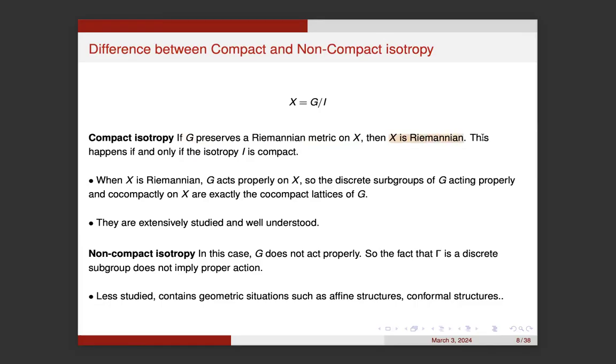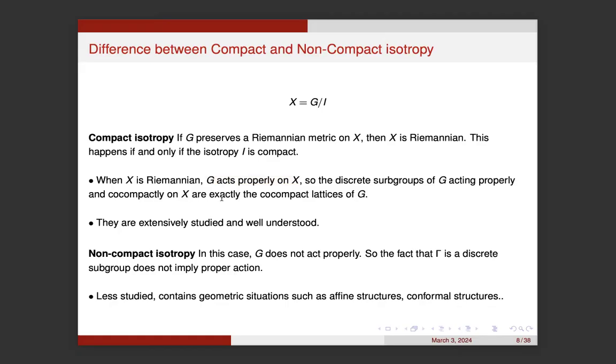In this case, the action of J on X is proper. So the whole group J acts properly on X, and any discrete subgroup of J also acts properly on X. So asking that my discrete group gamma of J acts properly, the proper condition is automatically satisfied by the fact that gamma is a discrete subgroup.